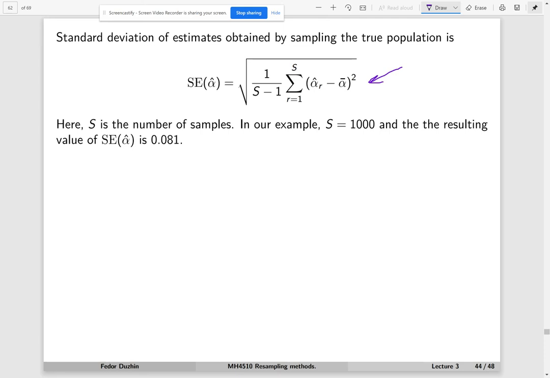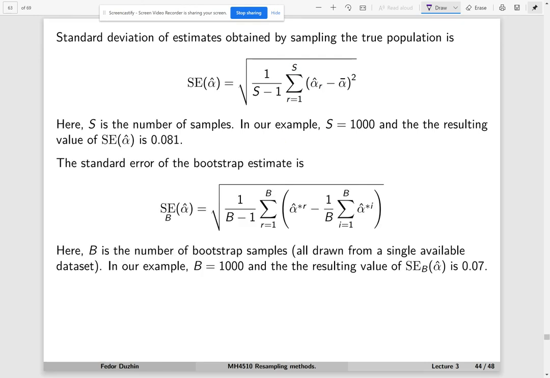So in our example, I obtained 0.081, and this is more or less the same as in the textbook. In the textbook it is 0.083 from ISLR. Of course, because they did it randomly too, and their random numbers were different.